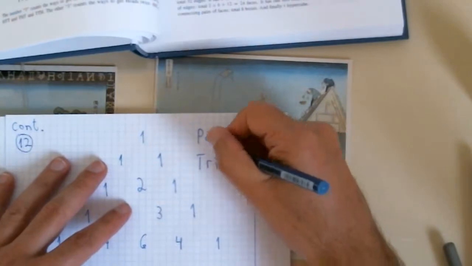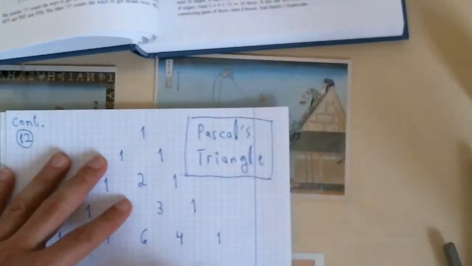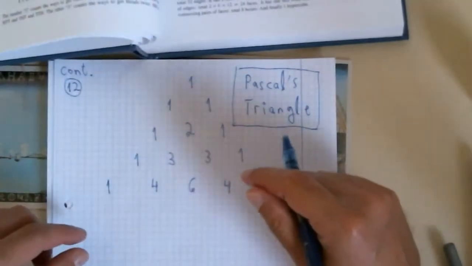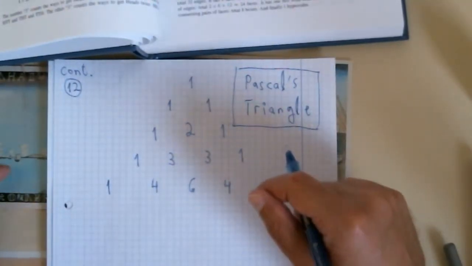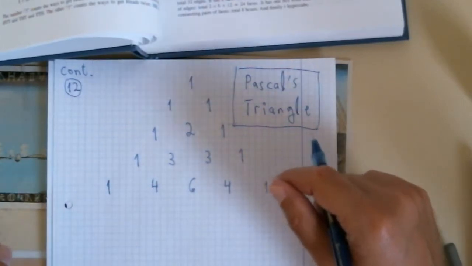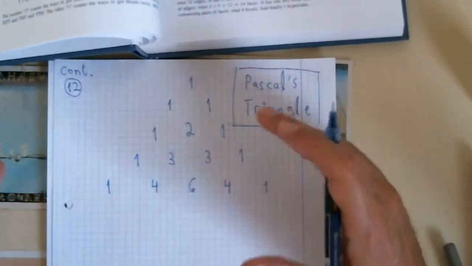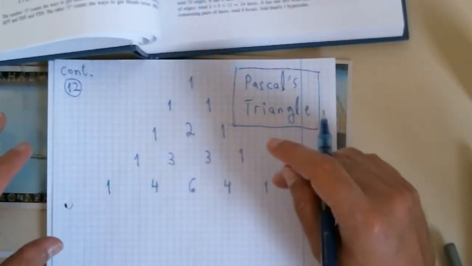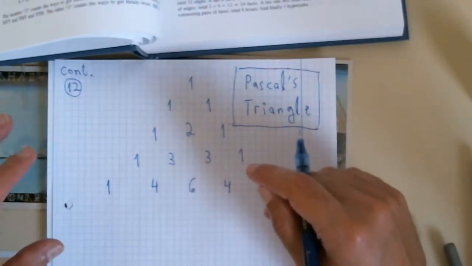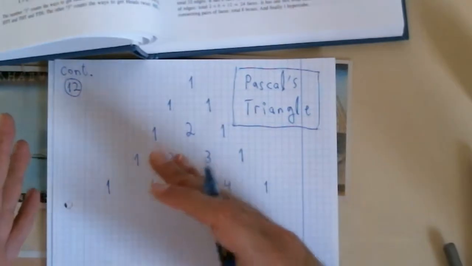Okay, now what we have in the book in the second chapter, we have already matrices, but we don't know matrices yet. So I'm just showing you that he puts the Pascal triangle to the side.